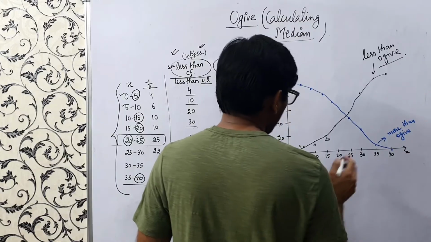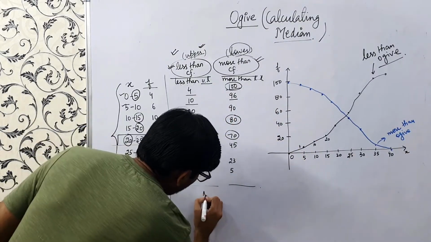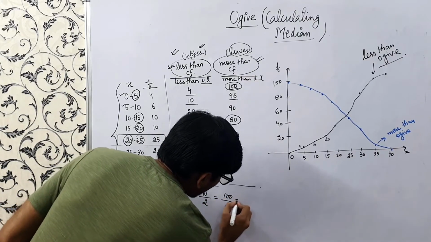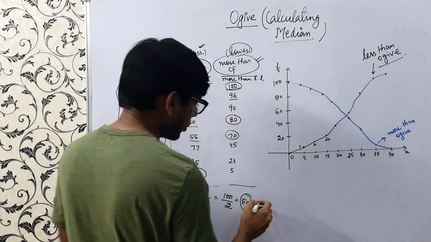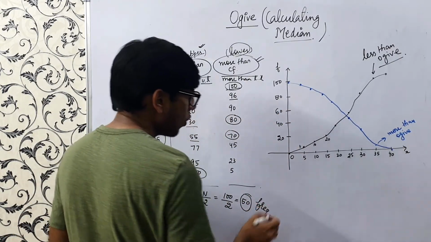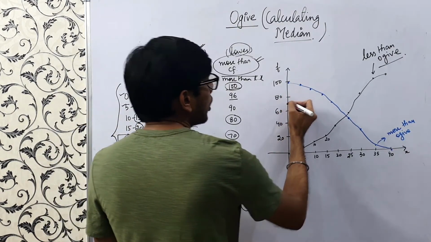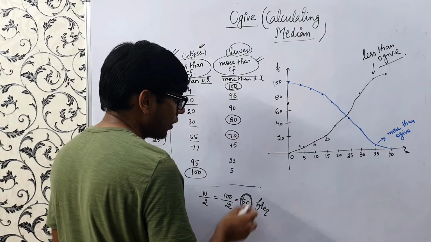Now to calculate the median, what do we have to see? We have to see n by 2, which is 100 by 2 equals 50. So this is nothing but the frequency. We want the median, which is the middle observation, so the frequency at which it should lie is 50.